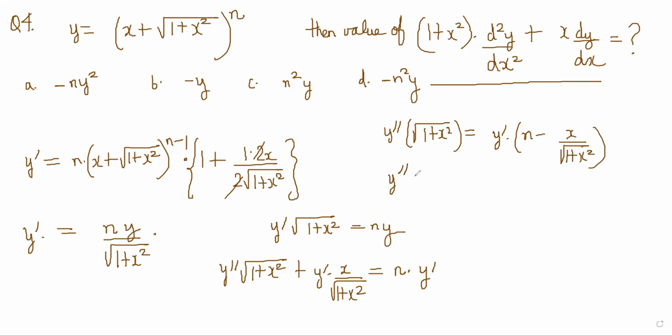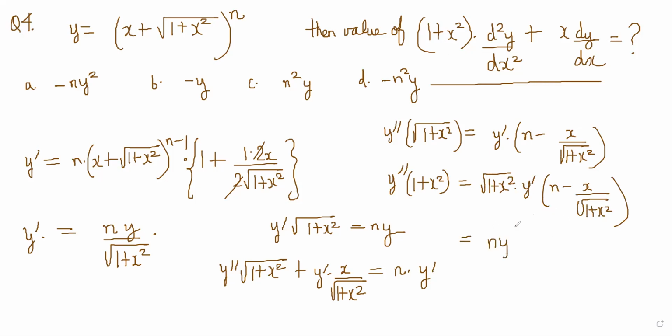So y double dash multiplied by root 1 plus x square becomes this, and this is root 1 plus x square times y dash n minus x by root 1 plus x square. So it is n y dash root 1 plus x square minus x y dash.